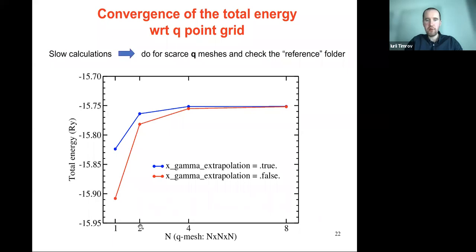For the q mesh 2 by 2 by 2, again, you see improvement when you use extrapolation, but smaller. And then for the q mesh 4 by 4 by 4, it becomes almost negligible. And at 8 by 8 by 8, you're already at convergence. So that's why it's recommended to use the extrapolation technique to allow us to use scarcer q meshes.